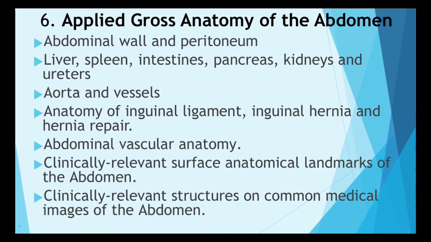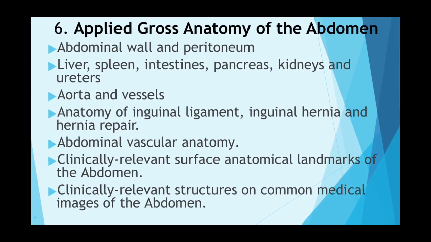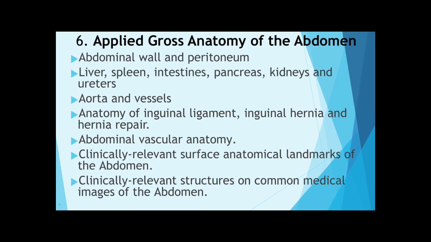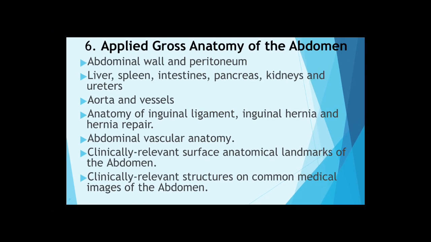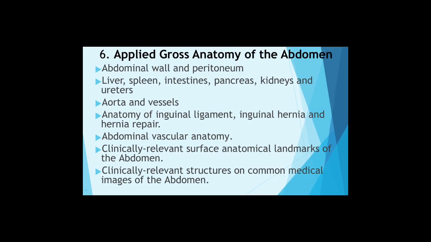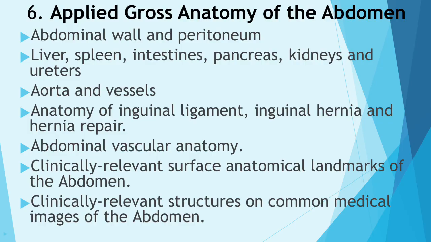You need a good knowledge of applied gross anatomy of the abdomen for you to understand what is inguinal hernia, the direct and indirect, and how management is done. The candidates also should be taught the clinically relevant surface anatomical landmarks of the abdomen and also structures that you see on common medical images of the abdomen.